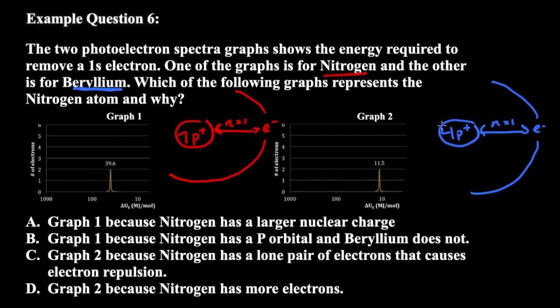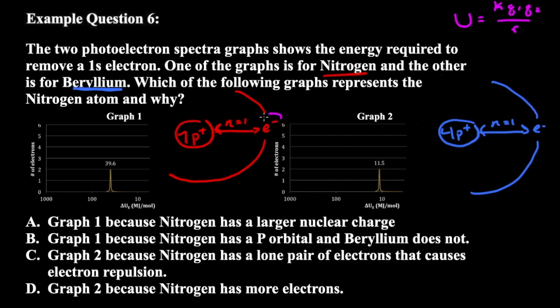If we want to compare the binding energies of both of these, the equation that we're going to use is that the binding energy, or U, is equal to K Q1 Q2 divided by R. Because this n value and this n value are exactly the same, this R right here will be exactly the same.